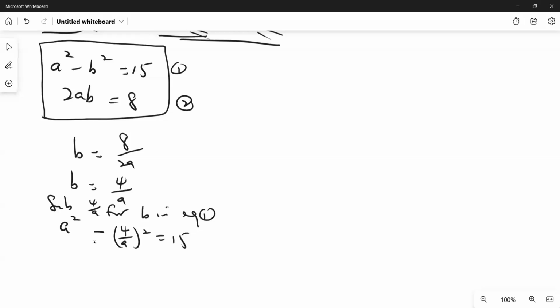You square everything, and you have a square minus 16 over a square equal to 15. Multiply throughout by a square, and you have a to the 4 minus 15 a square minus 16 equals 0.